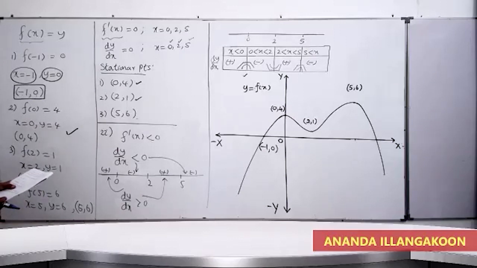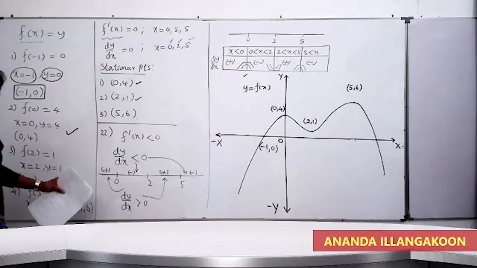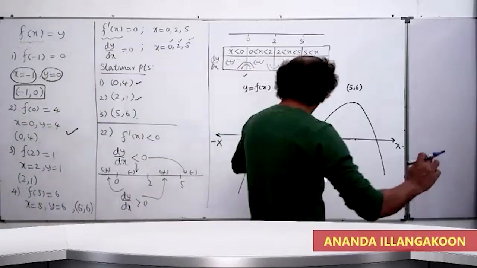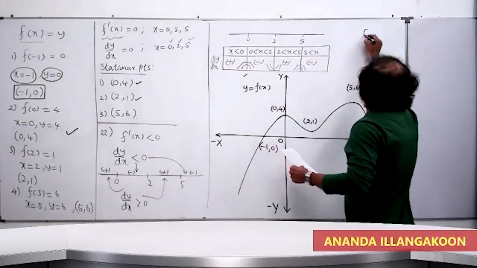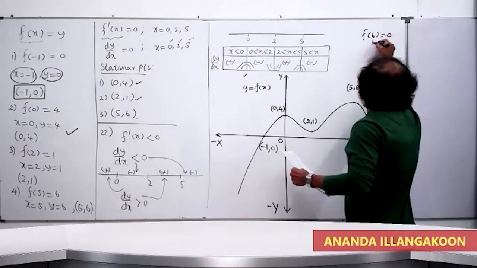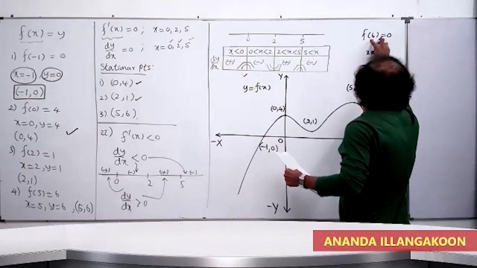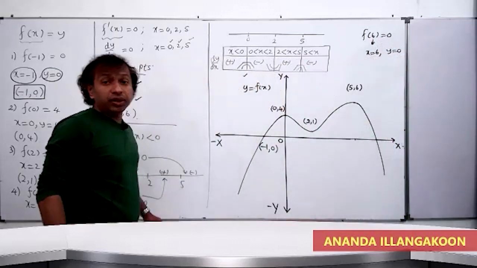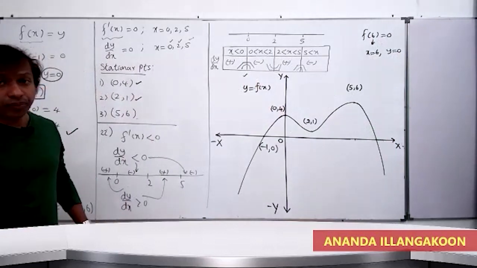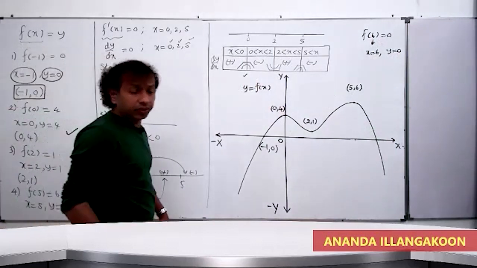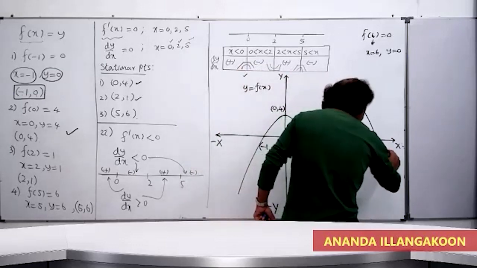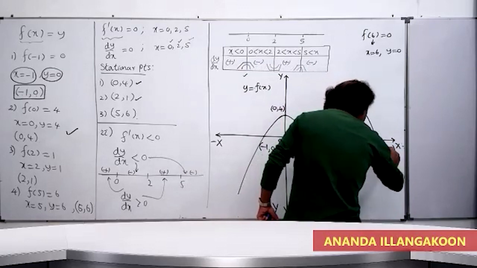Another one is given, f(6) is 0. That point we haven't taken into consideration here. What is this, people? At x equals 6, y is 0. That means this point, (6, 0).